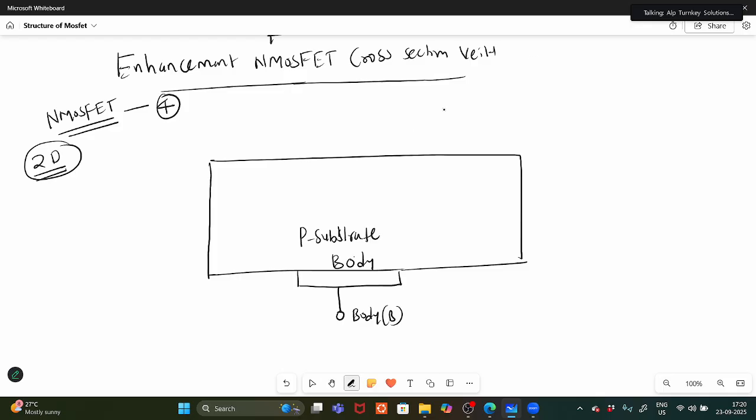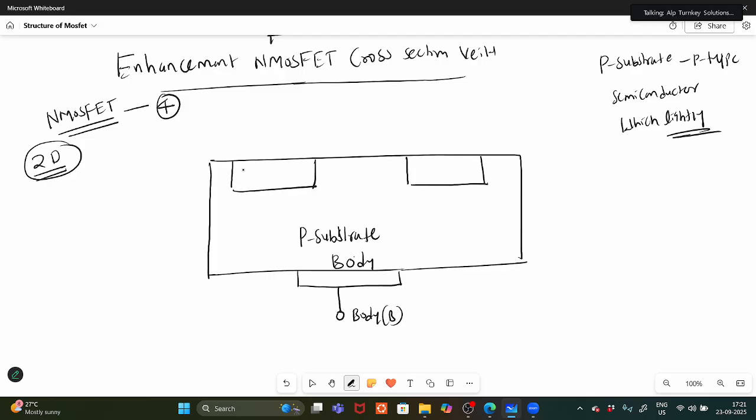What is the substrate? It is a p-type semiconductor which is lightly doped. On the p-type substrate we diffuse two N plus regions, which are heavily doped.